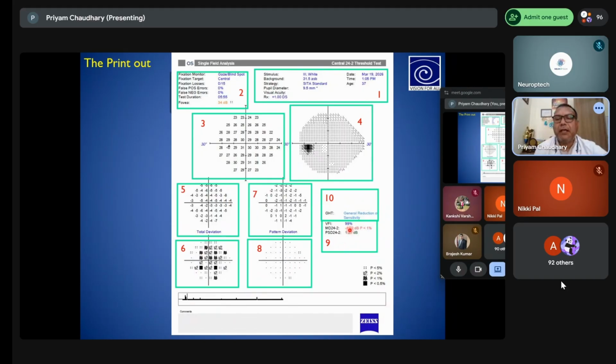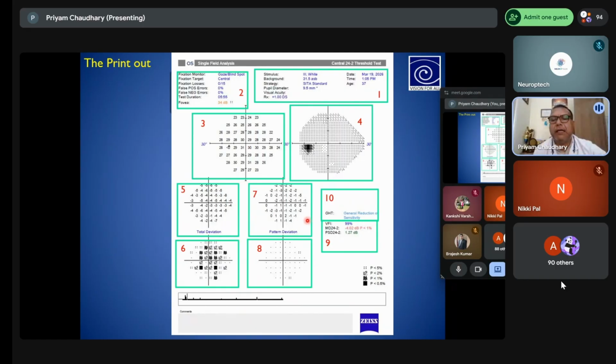Then the ninth zone. There is the mean deviation. Mean deviation is from the total deviation. You count all total deviation points, add all points, and divide by 54 in 24-2, 68 in 10-2, and 76 in 30-2.